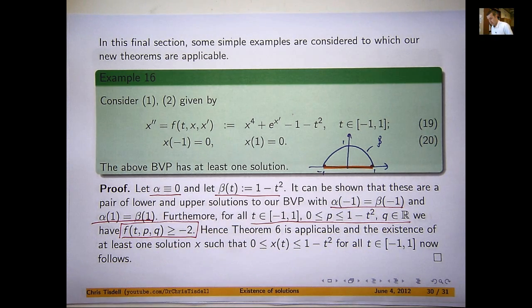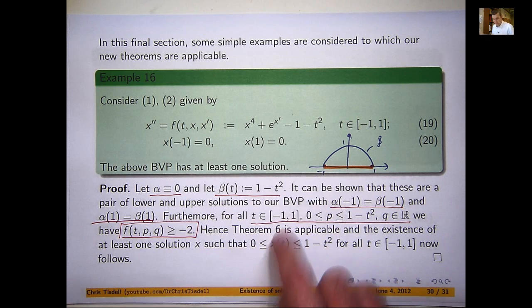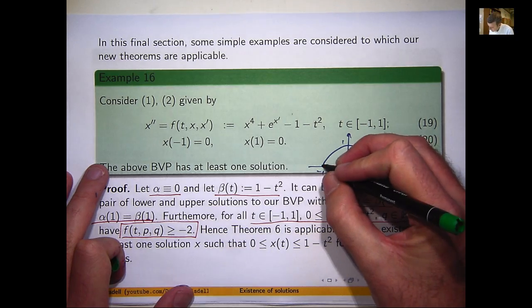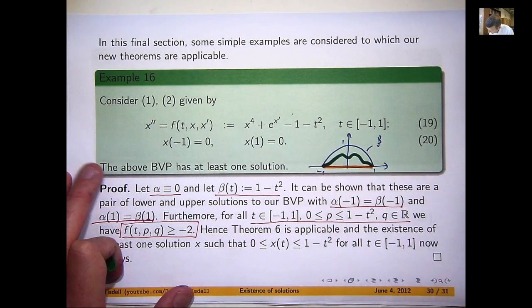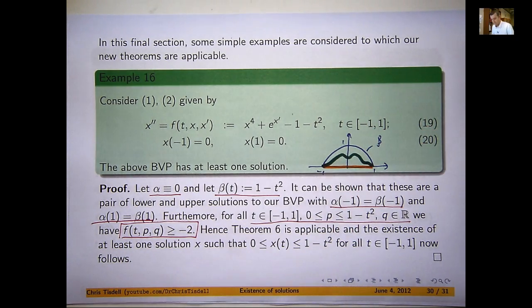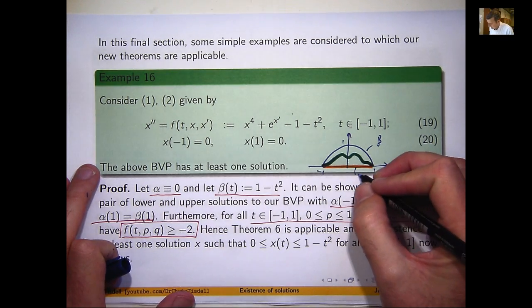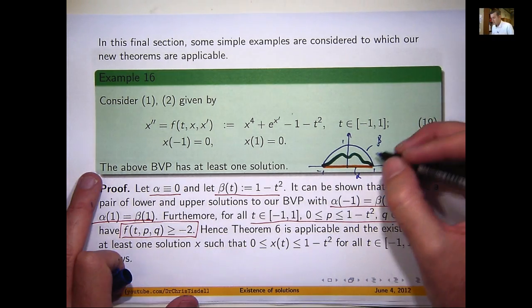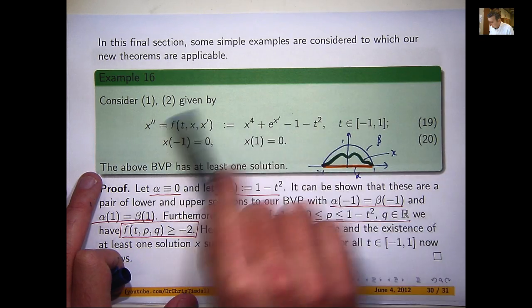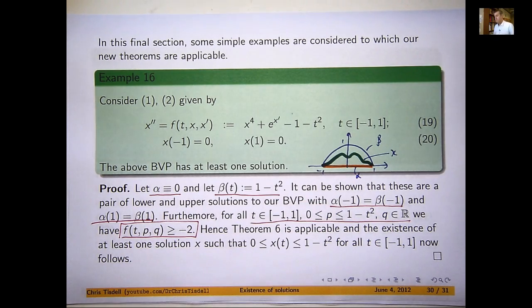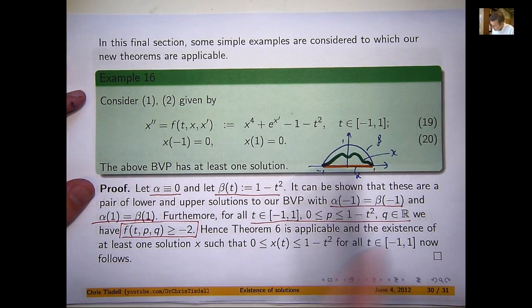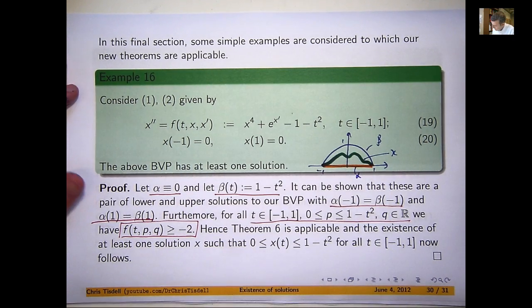So what you can do then is apply one of the previous theorems and conclude that there is at least one solution to this particular boundary value problem that lies between the 0 function and 1 minus t squared.